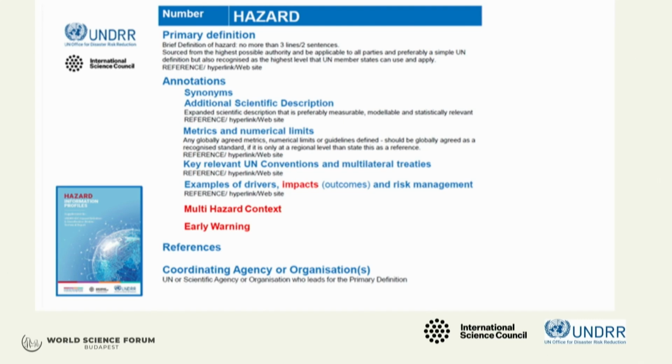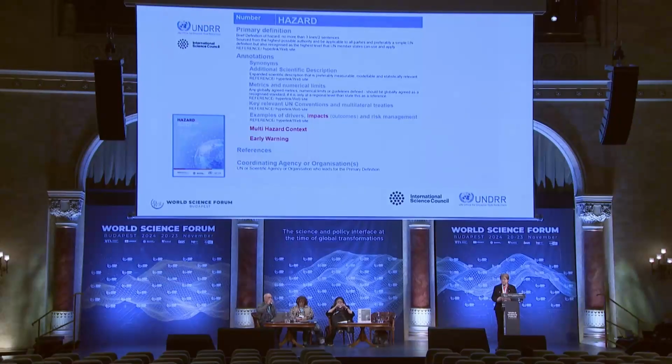We also want to have an example of drivers, impacts, and risk management. That includes a section on the multi-hazard context, and when relevant, a section on monitoring and early warning. We know that not all hazards have an early warning system, but most of them, if not all, have a monitoring system in place, and that is very important information as well.